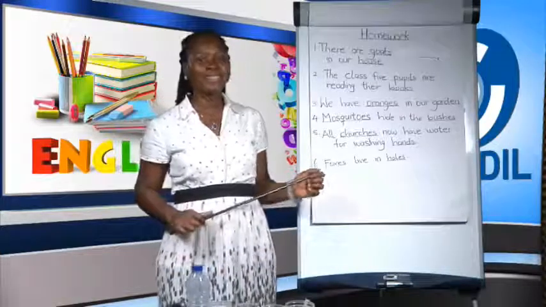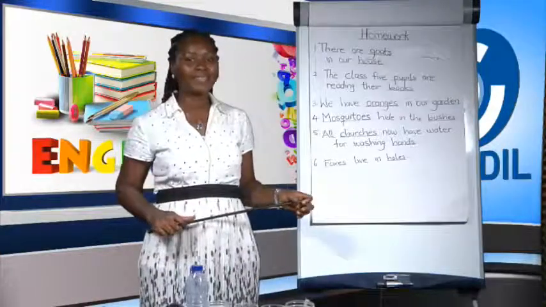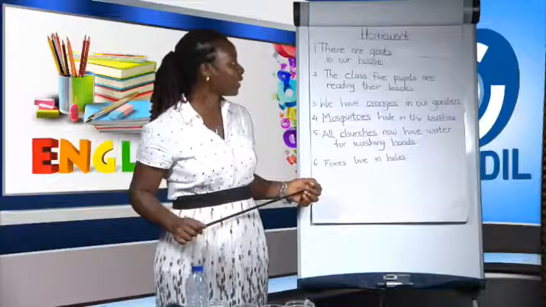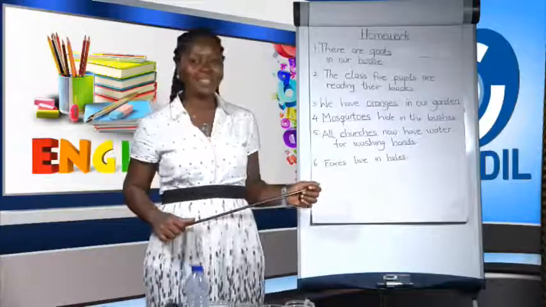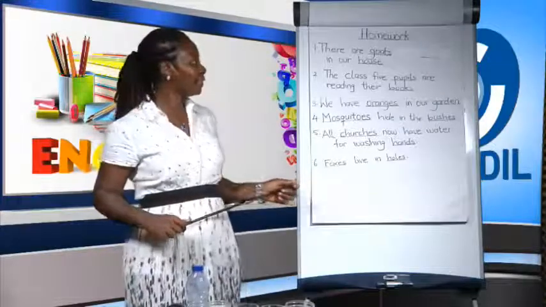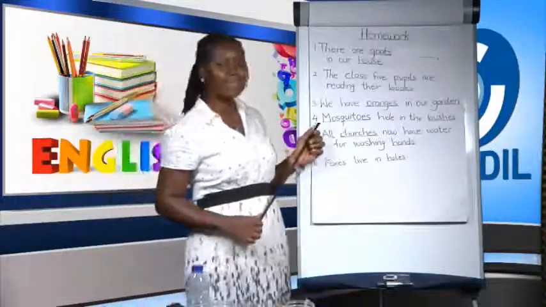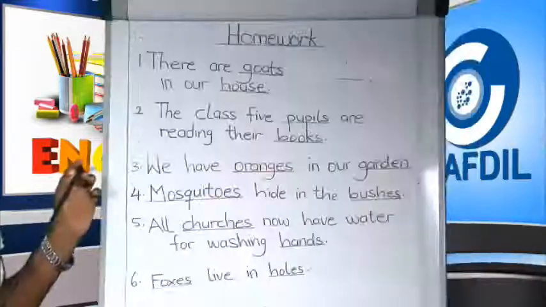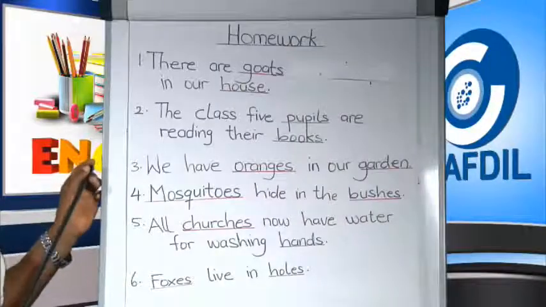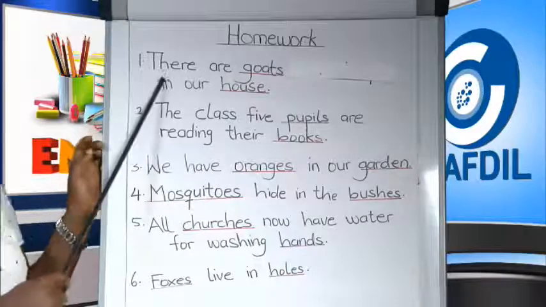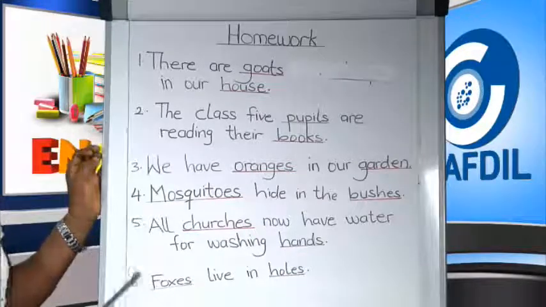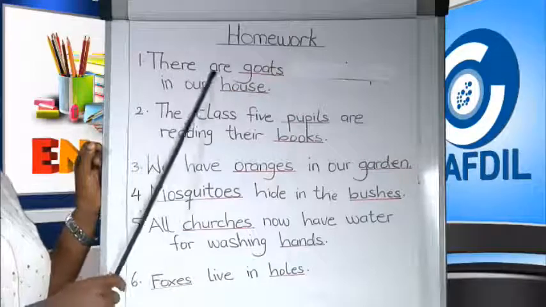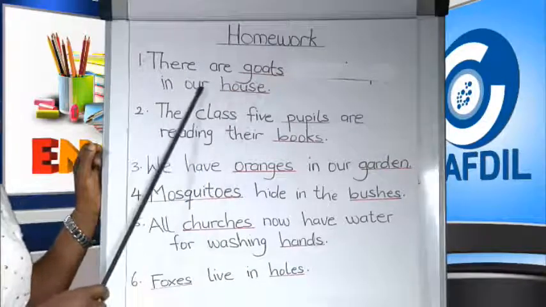Before we begin today's lesson, let's take a look at our homework for the previous lesson. We were asked to underline the countable nouns in the sentences. And so these are the answers. Number 1, there are goats in our house.